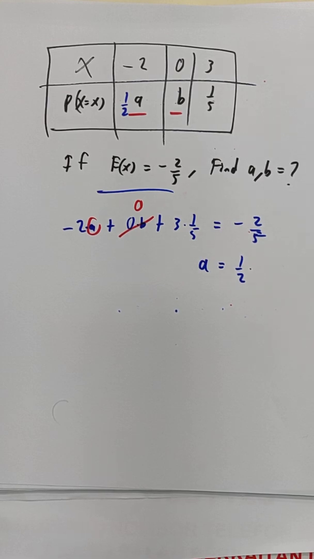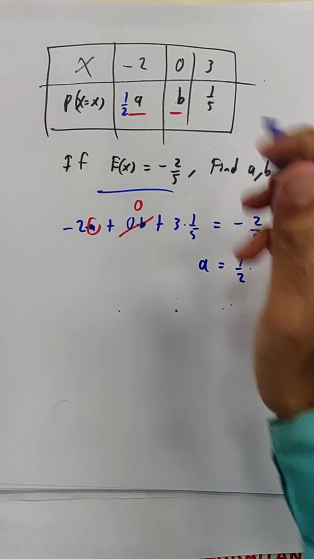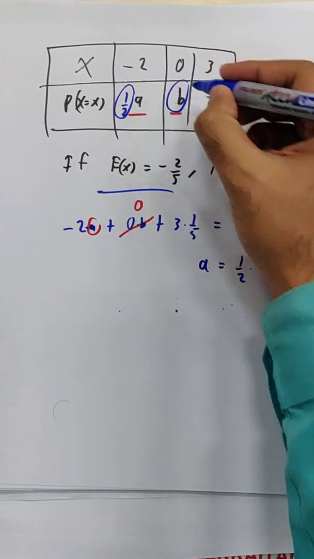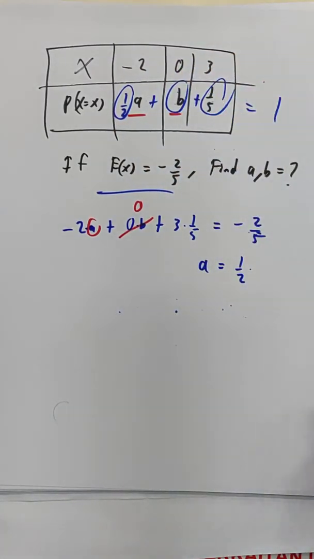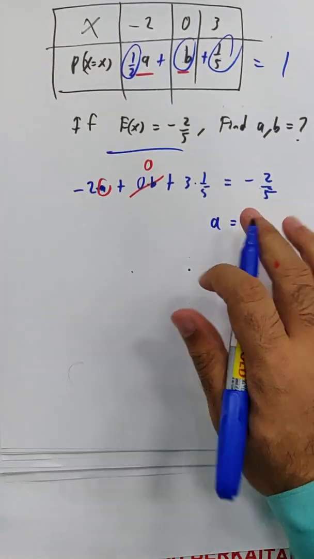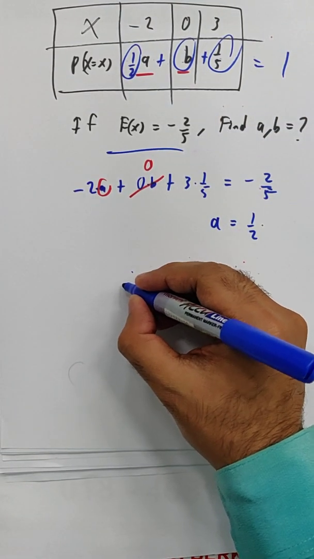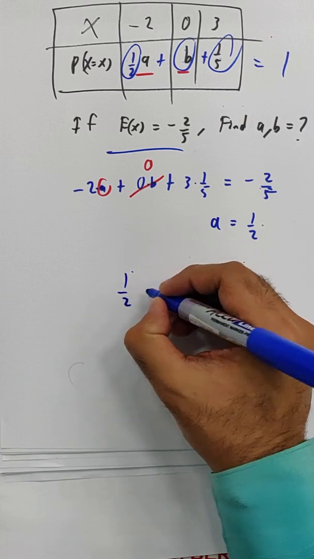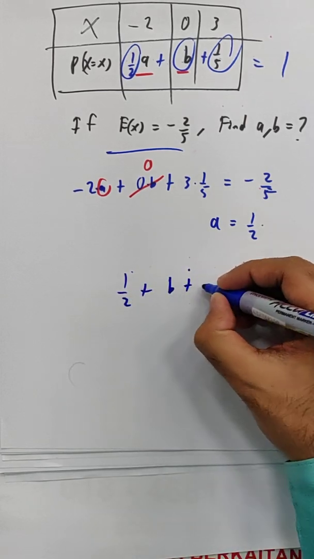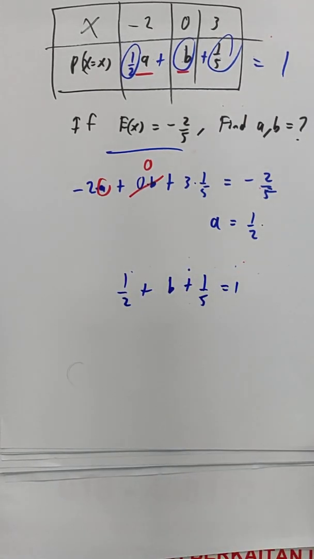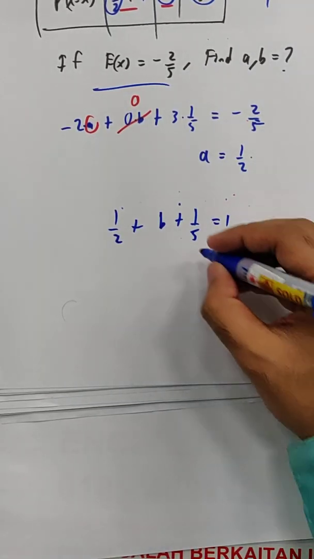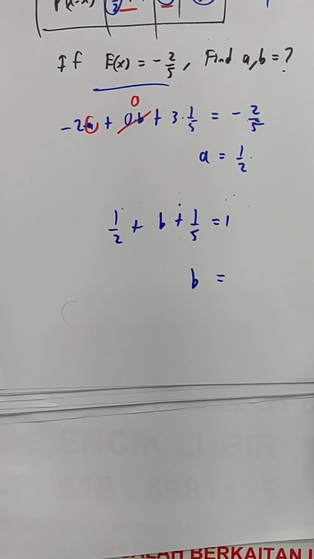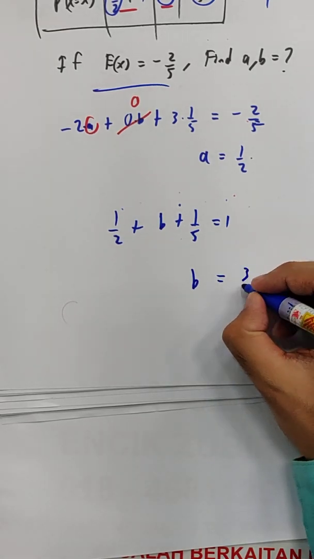It equals 1. So if I add things up, the total equals 1. So simply 1/2 plus B plus 1/5 equals 1. Which will give us B is 3/10.